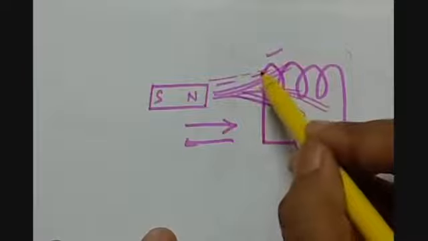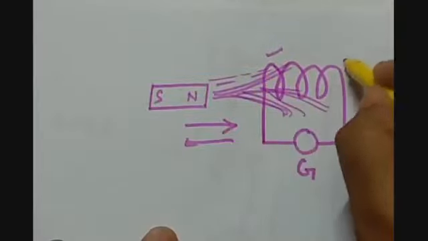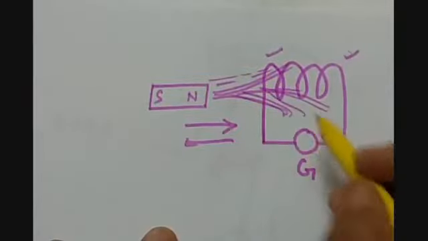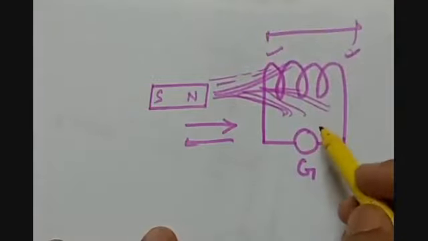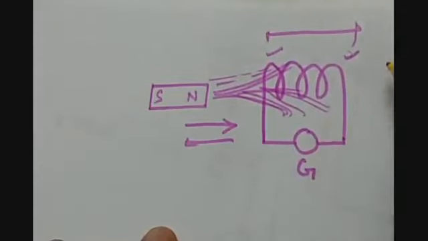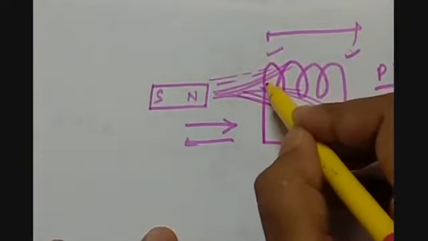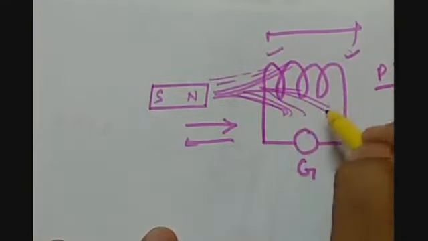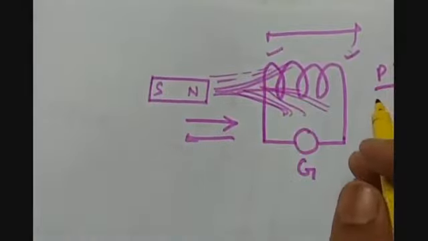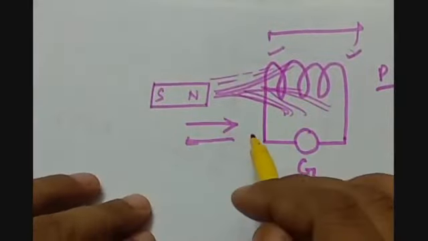Here more magnetic field lines will pass, here fewer. This difference in the number of magnetic field lines will develop a potential difference which will cause the flow of current in a particular direction. That depends on whether we are moving it towards or away from the coil.